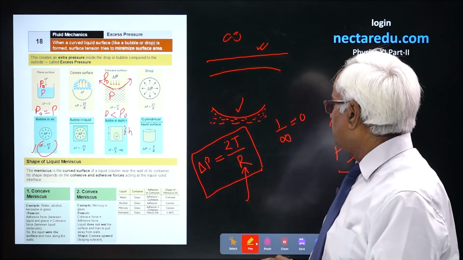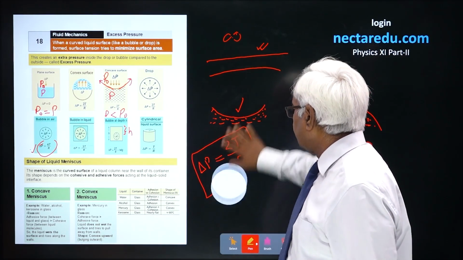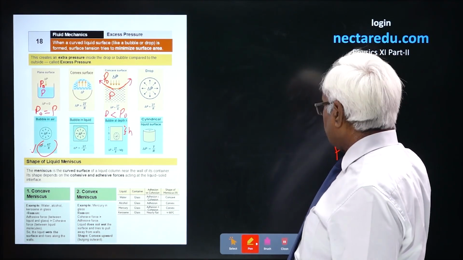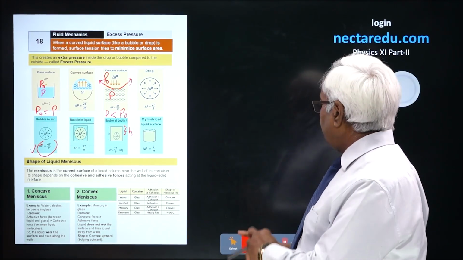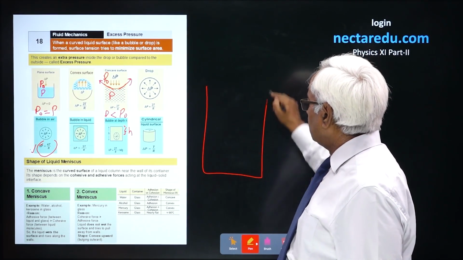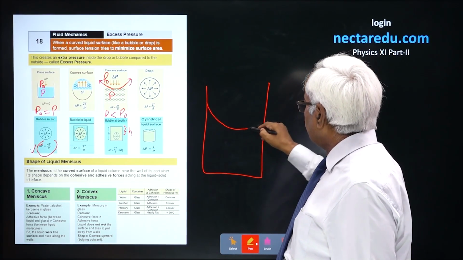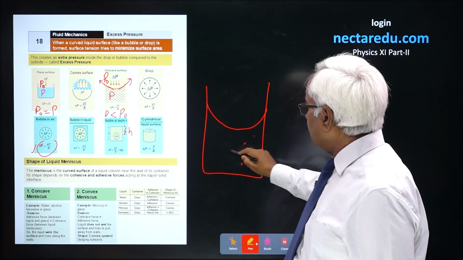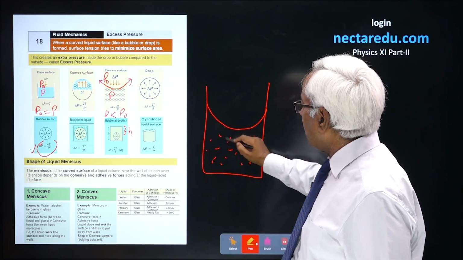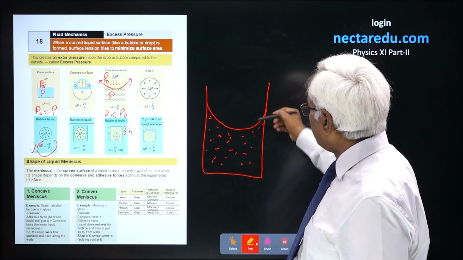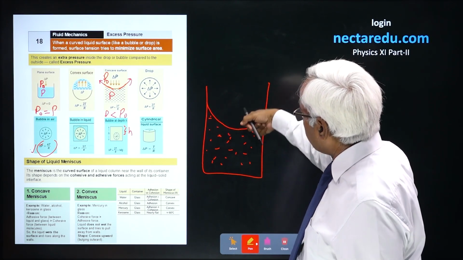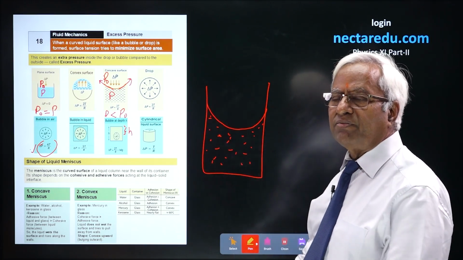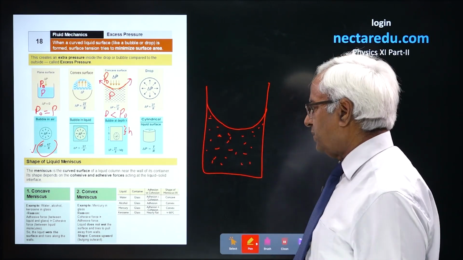Now, you might ask me, what is the basic reason behind this? Why the convex or why the concave surface? You see, if the surface is concave, it simply means that the liquid molecules have been pulled upward by the solid molecules, and that is the effect of adhesive forces.